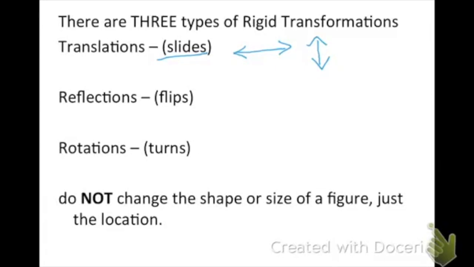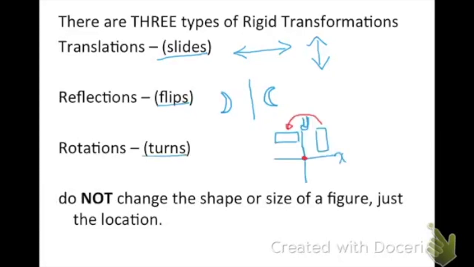A reflection you may have heard of as a flip, and we always have a line of reflection or a line of symmetry around which, in which, or over which, they will use all of those terms, we will reflect something. So in this case, I've done this little half moon and I've reflected it over this line.